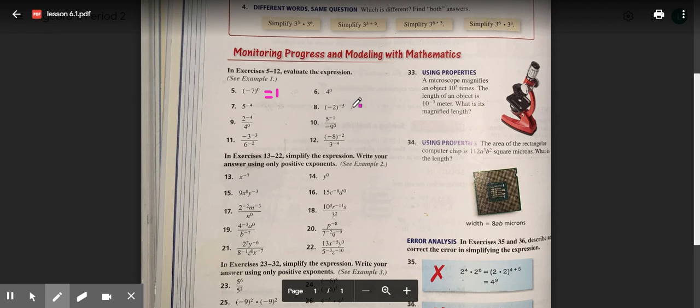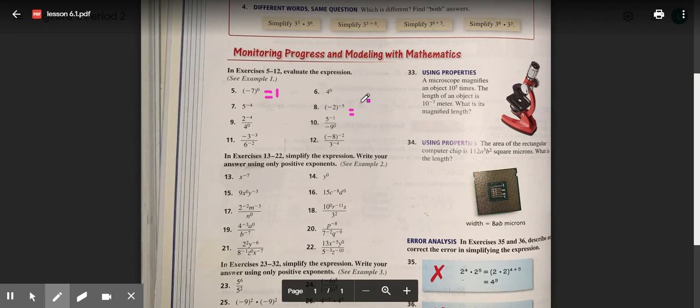If we look at 8, we have a negative 5. There's a couple steps here. Remember, it's not saying 2 times 5. It is saying 2, 5 times. So 2 times 2 times 2 times 2 times 2, and that is 32.